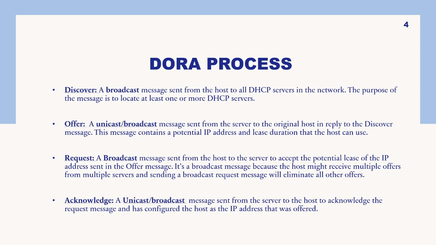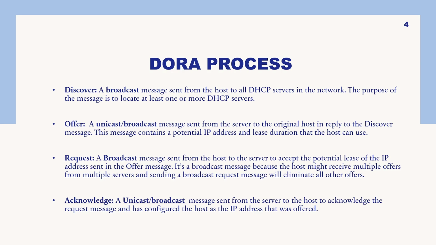The next message is Offer. An offer message could be either a unicast message or a broadcast message. It's a message from the server to the original host, and it's the reply to the Discover message. Practically, the reason for this message is to tell the host that, hey, you contacted me for an IP address.